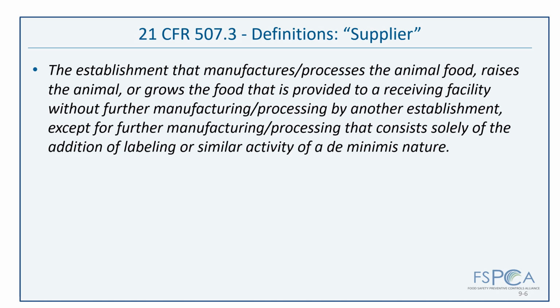If you haven't read through that list or are not as familiar with those types of activities, I would pause this recording right now, go take a look at those different activities so you have an idea of what it means to do something of consequence to the animal food. Usually this is going to be some sort of physical or chemical change to the animal food itself. This does include mixing if you're mixing different types of feed. Okay, so a supplier is someone that does something of consequence or raises the animal or grows the food.